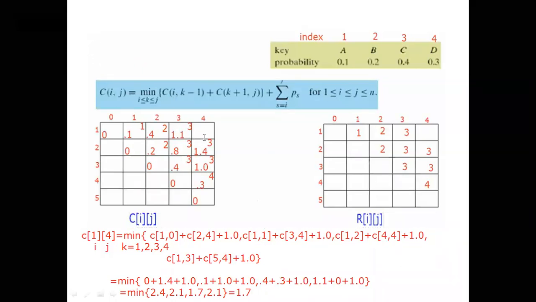I will adjust that value to 1.7, and the k value is 3, which I should write as a superscript. In the root table also I should write it at 1,4 as a superscript, what we got there, that is 3.